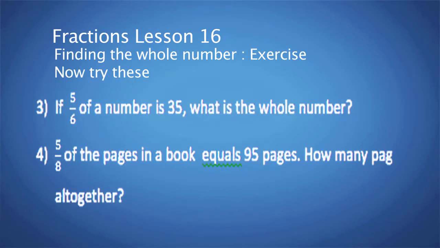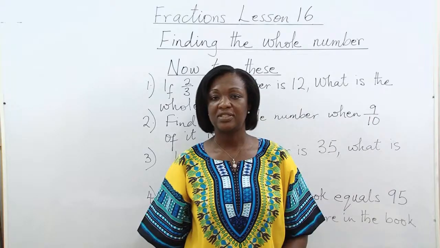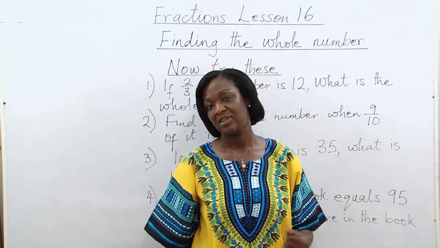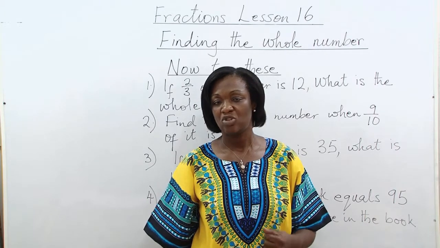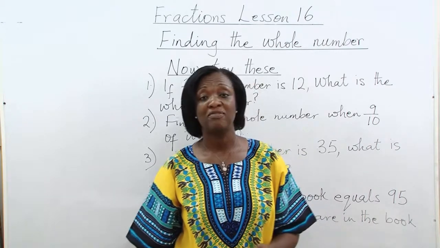If 5/6 of a number is 35, what is the whole number? Question 4. 5/8 of the pages in a book equals 95 pages. How many pages are in the book altogether? Take your time to work out this exercise. Try them out. You'll find them very easy.